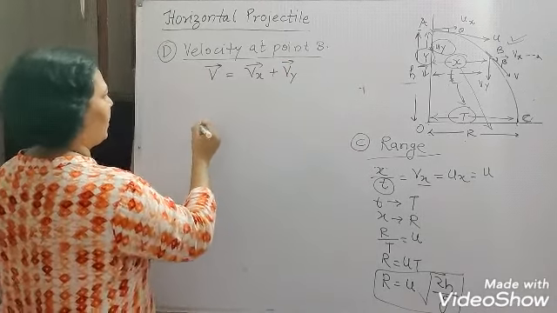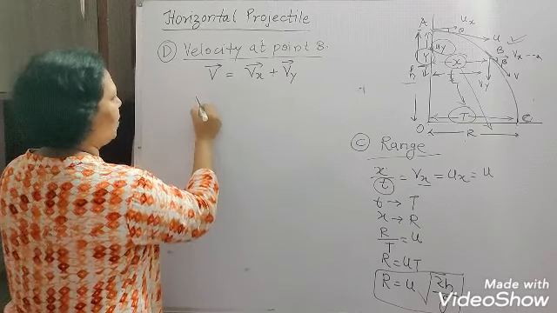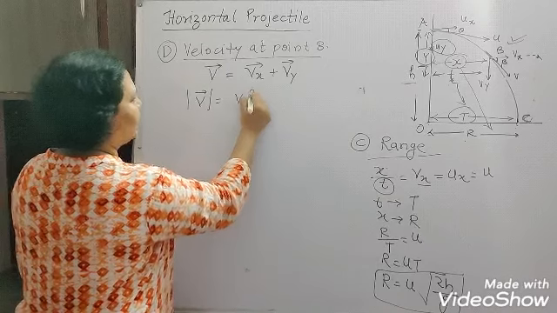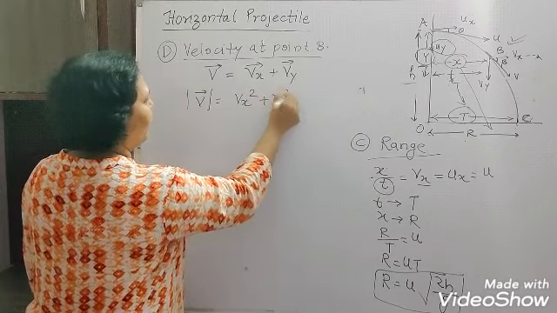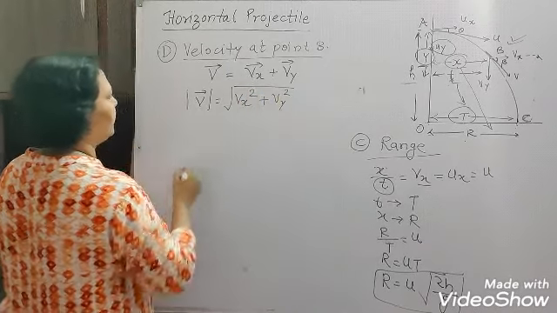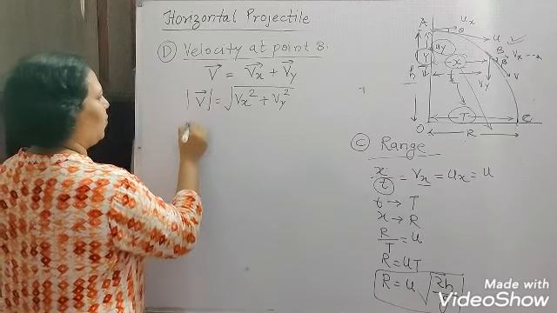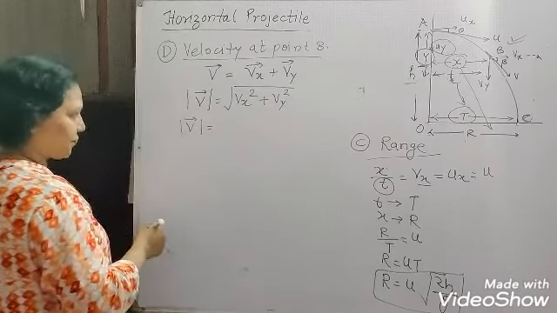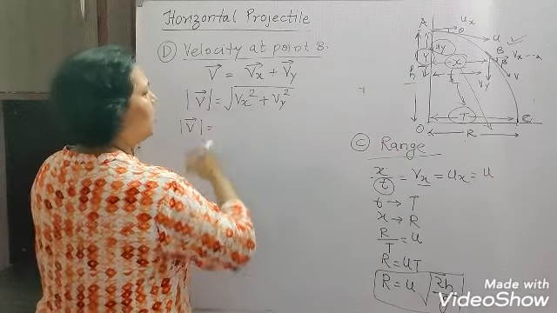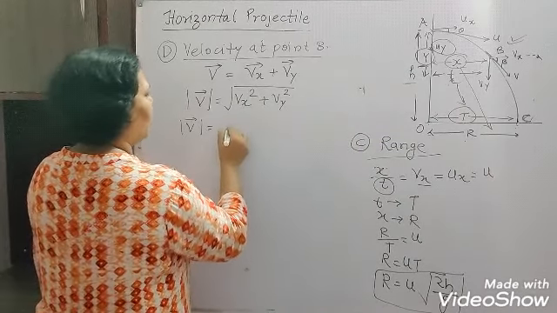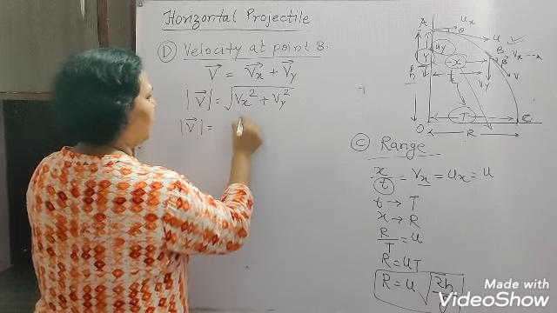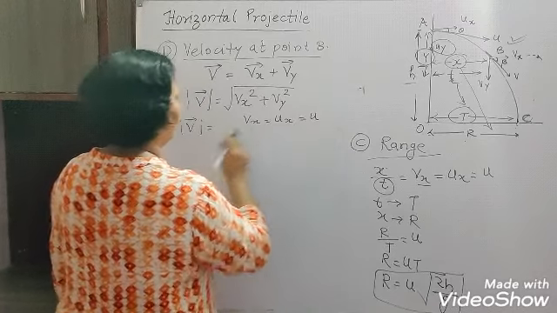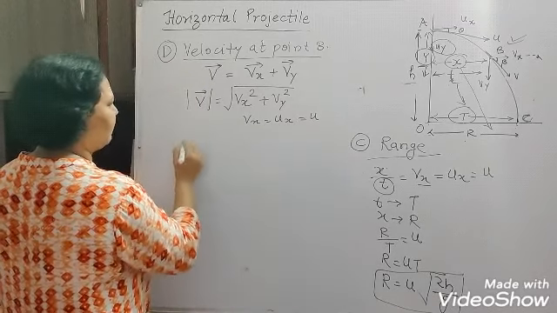If we write the magnitude of this velocity, it will be equal to root of vx square plus vy square. Vx is ux, vx is equal to ux, and that is equal to u. Already we have seen this.